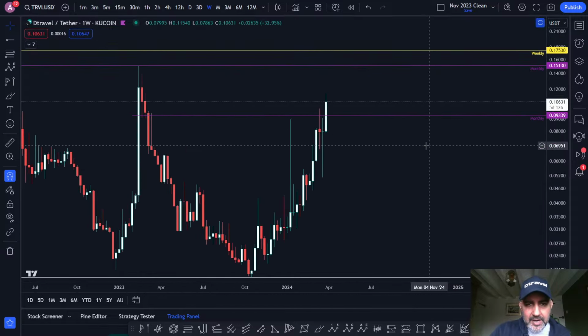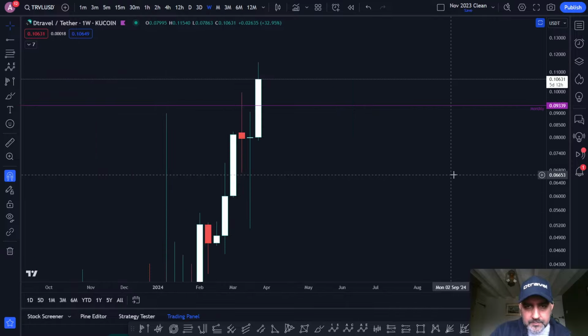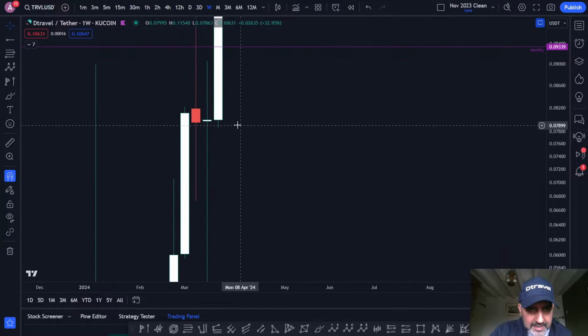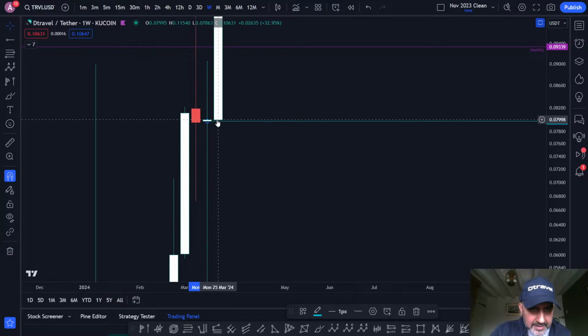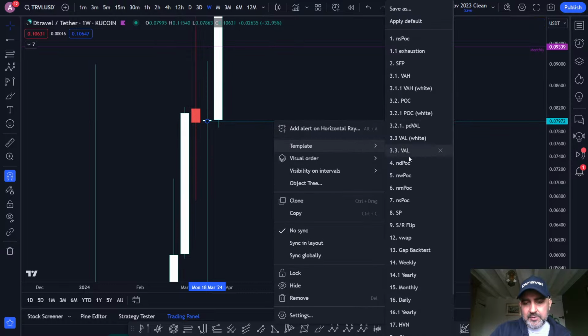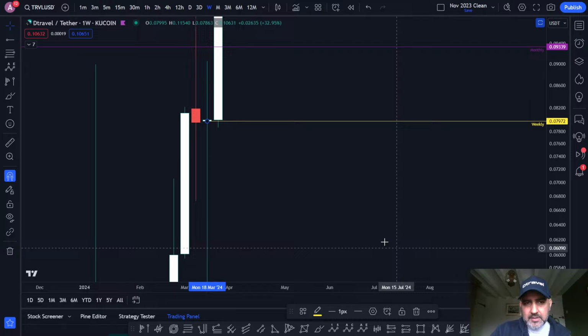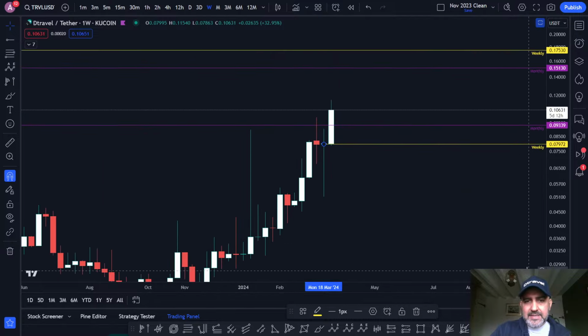On the weekly time frame, there is a weekly level here. You see how the price went down into the weekly level and then came up. So it's been cleared of liquidity already, but that's a definite level. Same place as the daily level.